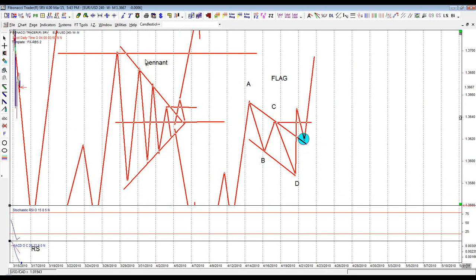But this line that I just drew, the big one, is representing this line here. Here is where we have the A, B, C, D. This is the break.